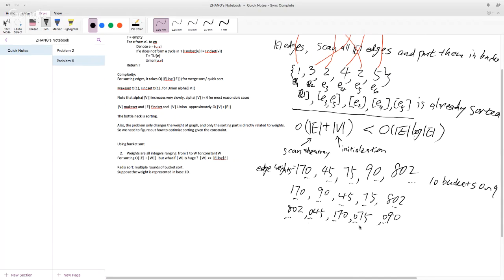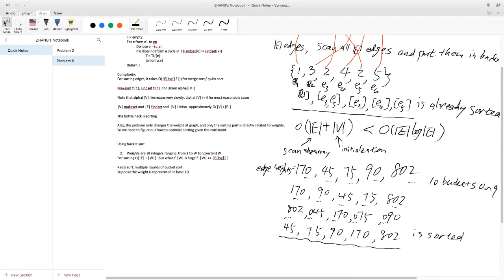So 0 should come first: it is 45, it is 75, it is 90, and here's 820. This is sorted.